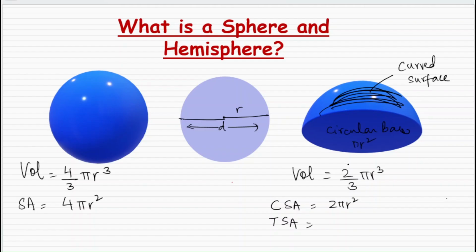So the total surface area of the hemisphere is 2 pi r square plus pi r square, which is 3 pi r square. So for a hemisphere, we have two formulas of surface area. One is the curved one and one is the total one. But for the sphere, we just have one surface area because it is a perfectly round shape. So the curved surface area and total surface area is the same in the sphere.